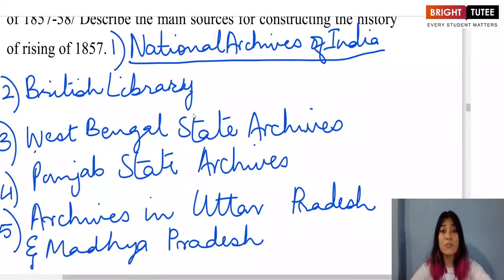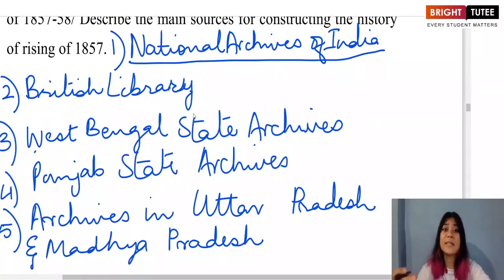Now, because of the time crunch as well as the space crunch, I have put down only the main points. But it is your responsibility and your task to elaborate on each of them.